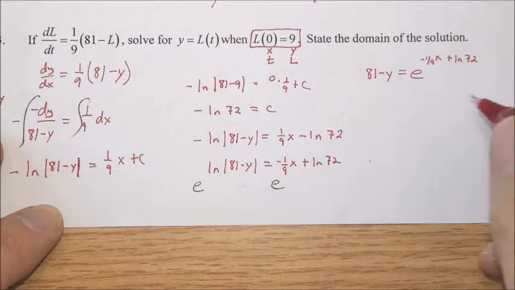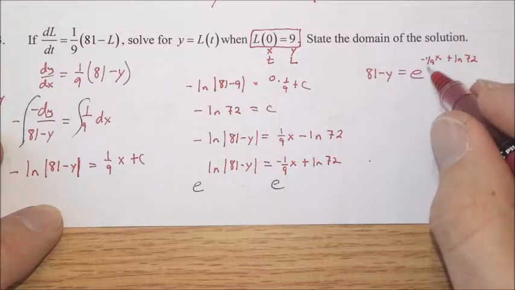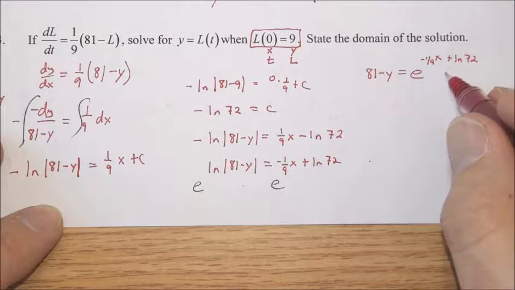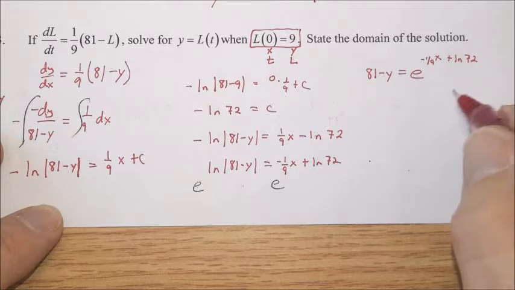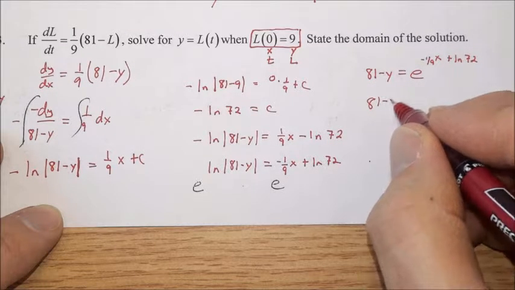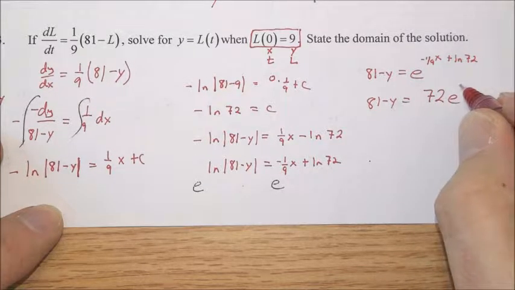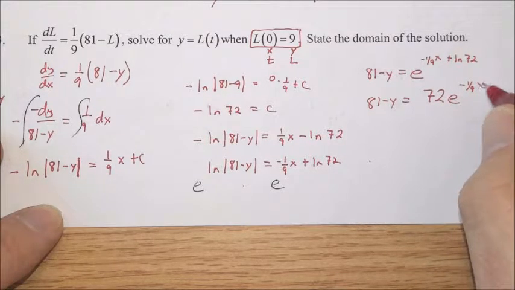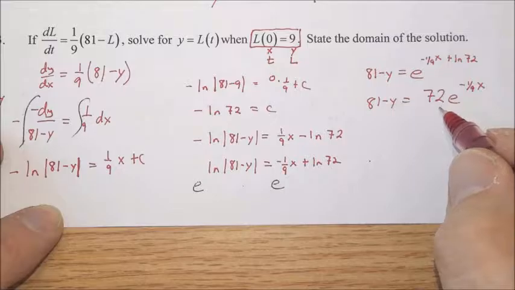And just like before, we can split this up into a product, e to the negative 1/9 x times e to the natural log of 72, and then the 72 can come down, so this 81 minus y is equal to 72 e to the negative 1/9 x. What we did with the 72 is the exact same thing as what we did with the 5 in problem number 12.